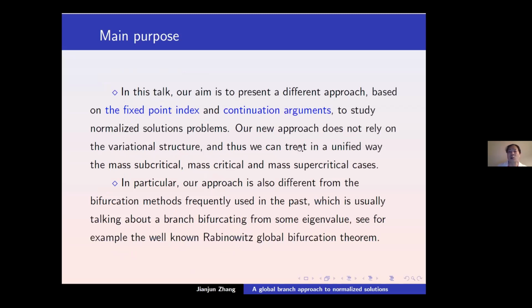Also, our approach does not rely on the variational structure. This means that we can also consider the problem with a non-variational structure, and we can treat the subcritical, mass critical, and mass supercritical cases uniformly.